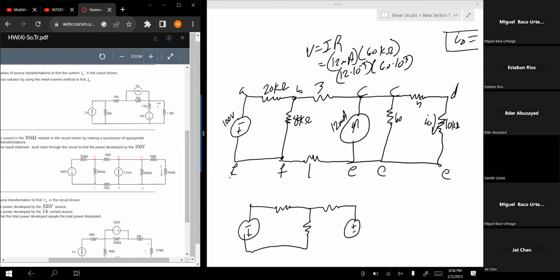If we have that, that would be a current source pointing down this way. And then I just feel like that's a lot of branches to deal with, right? I don't know. Okay, hold on. Let me think of this.